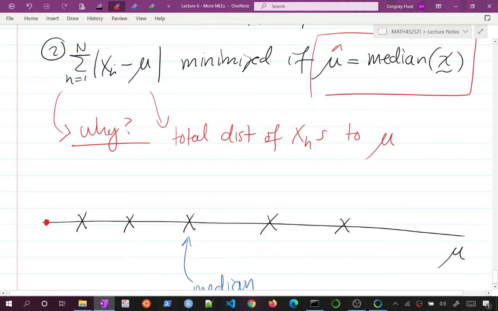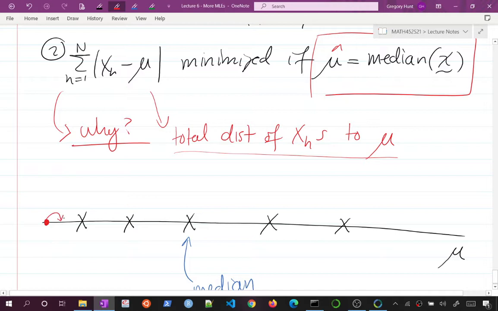It's the total distance. So if I put my red dot there, what's my total distance? What is my sum of my absolute values? It's the distance of the red dot to this first x, red dot to the second one, red dot to the third one, red dot to the fourth one, right? So it's the sum of all of those. The question is, does that minimize it? If it does minimize it, I shouldn't be able to move anywhere and find a smaller total distance.